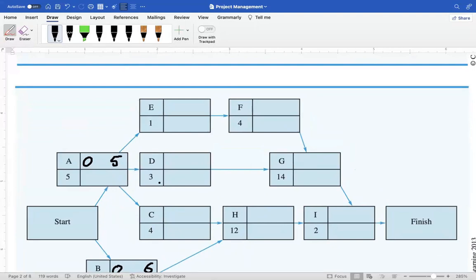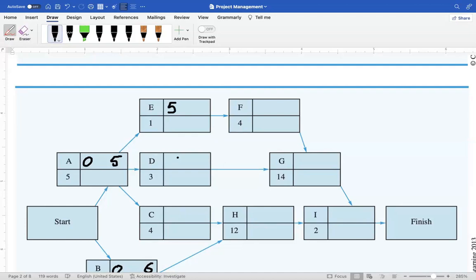Activity E, D, and C emanate from activity A, which means they can only be started once activity A is finished, and activity A finishes in 5 weeks. So activity E will start in week 5.